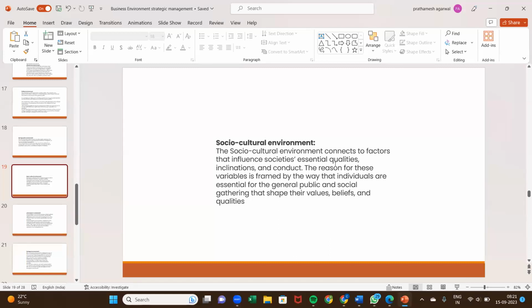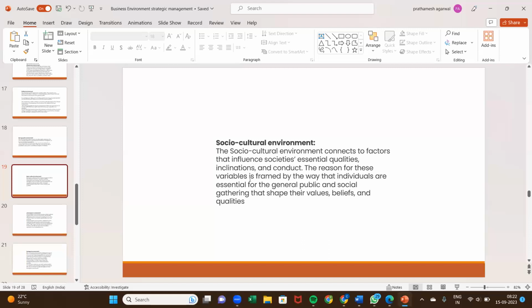Oh, we will do shopping at MG Road. Maybe a third part of the society says, okay, we will go to Bombay to shop. So that is the socio-cultural environment. Now, the reason for these variables, right? Because you never know. You have a group of people and we work on three parameters. One group goes to Tulshi Bagh, one group goes to MG Road, and the other group goes to Mumbai.